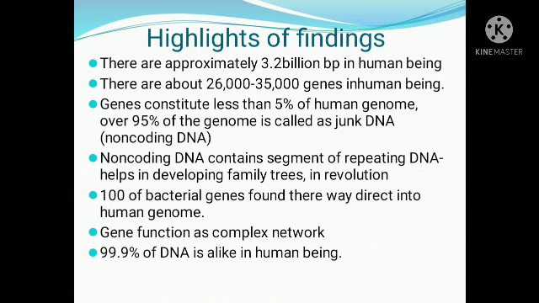It is quite interesting. There are approximately 3.2 billion base pairs in the human genome. How much? 3.2 billion. And there are about 26,000 to 35,000 genes in a human being. That estimate keeps changing; it was identified in those days. Genes constitute less than 5% of the human genome. That means among the human genome, only 5% has products like protein.